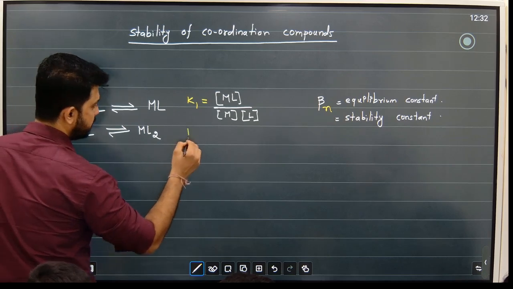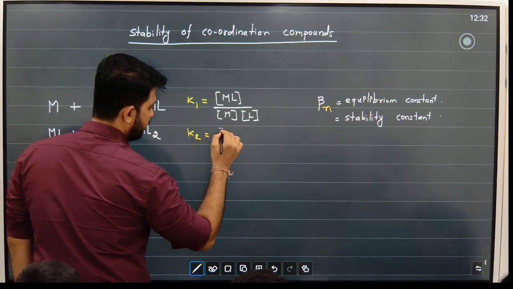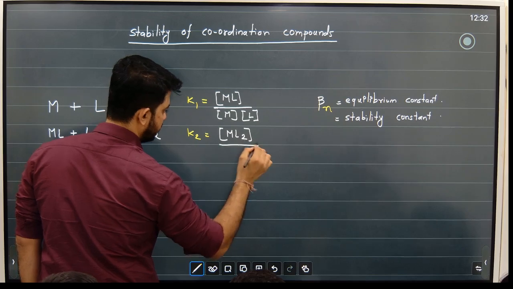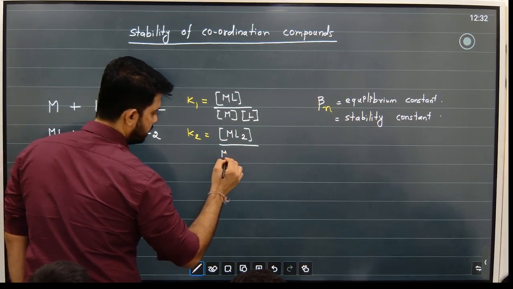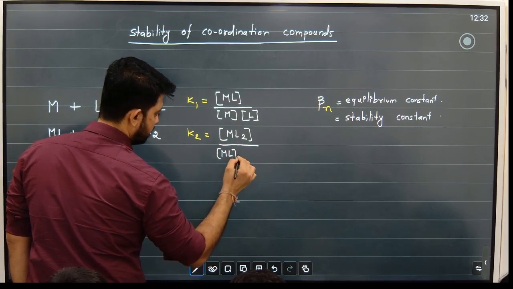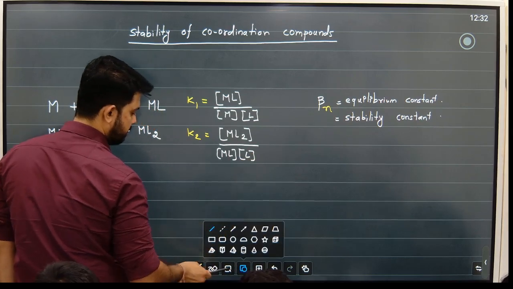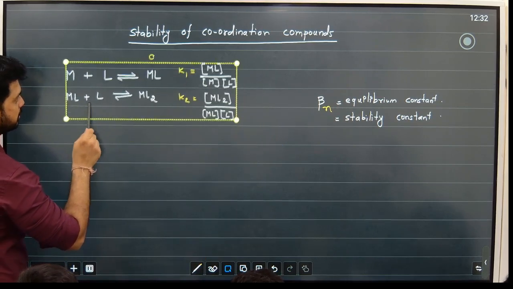Similarly, what will you write as the expression for K2? ML2 over ML into L. What will the next step be? Let's say we are going till coordination number 4.